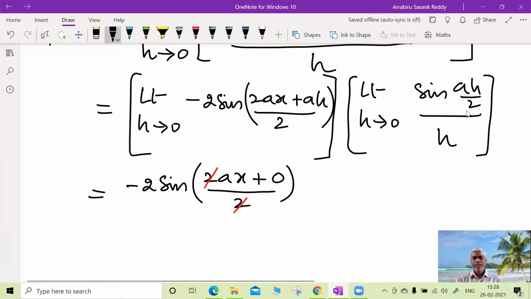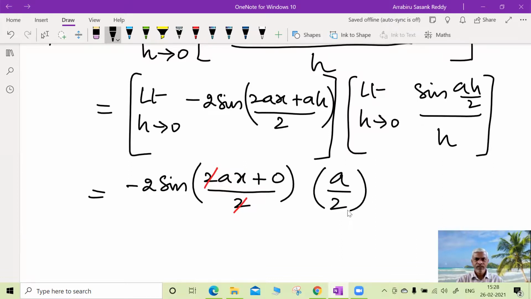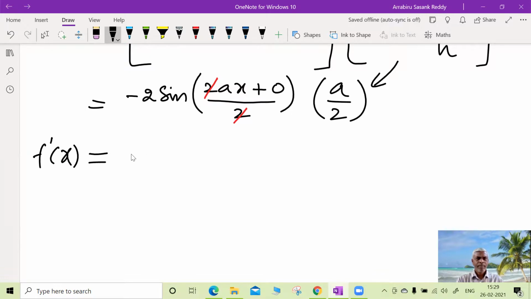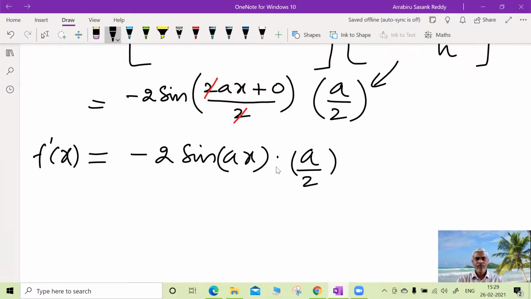For this, sin h by h is 1, and sin a by 2 h by h is a by 2. So this value is a by 2. So now f dash x is minus 2 sine ax into a by 2. This 2 will get cancelled.